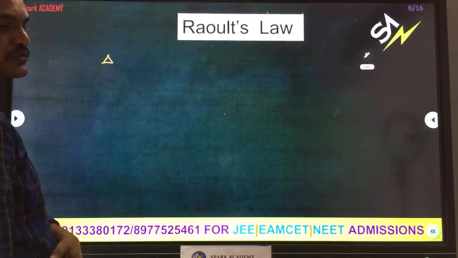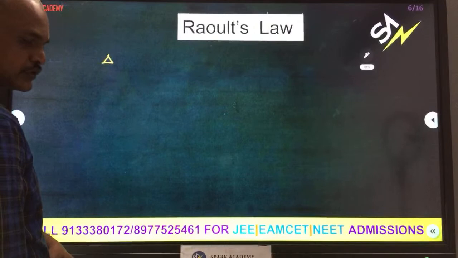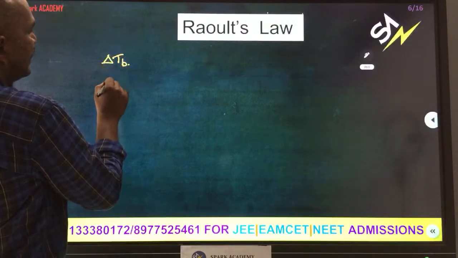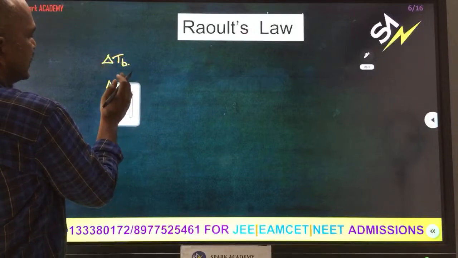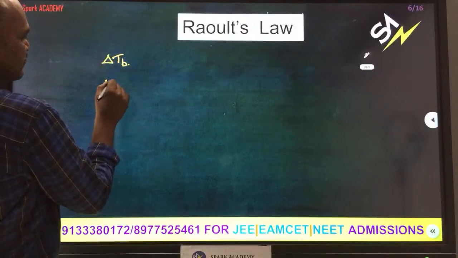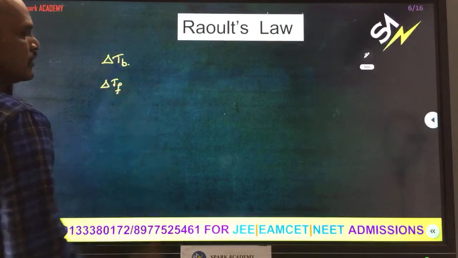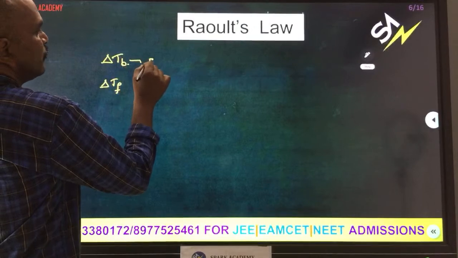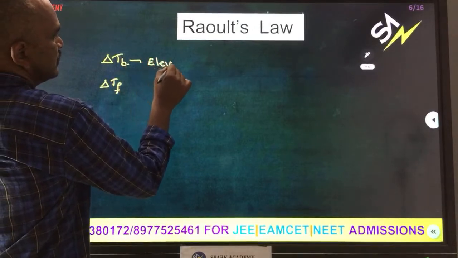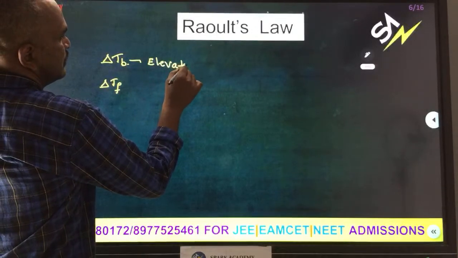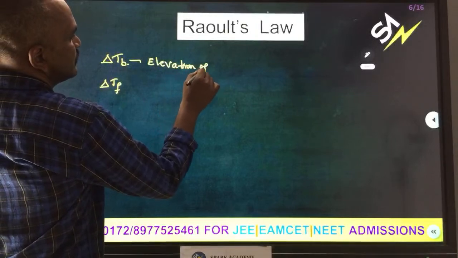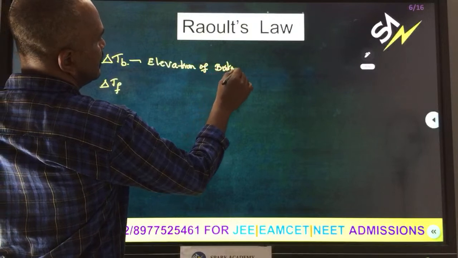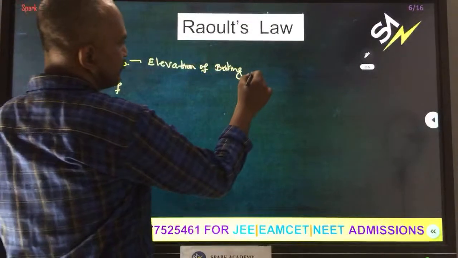Next, along with this Raoult's law, we should know about delta TB and delta TF also. Delta TB means elevation of boiling point.